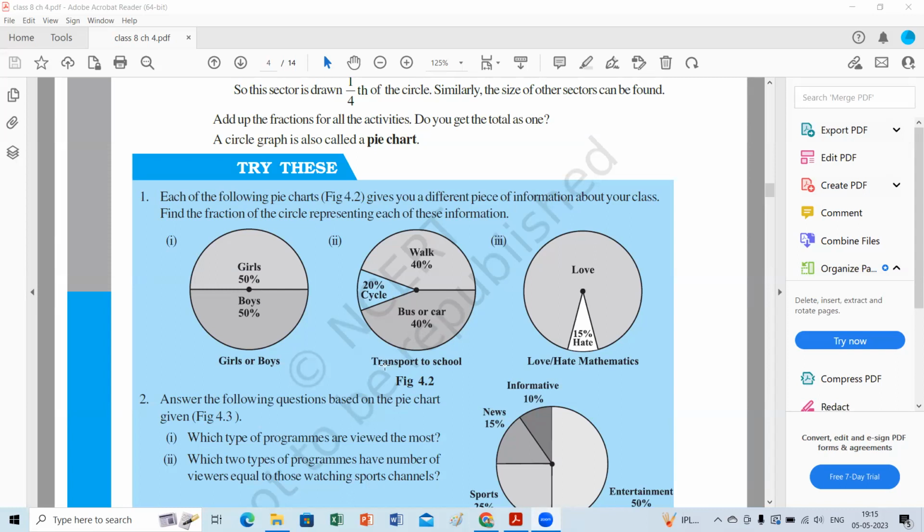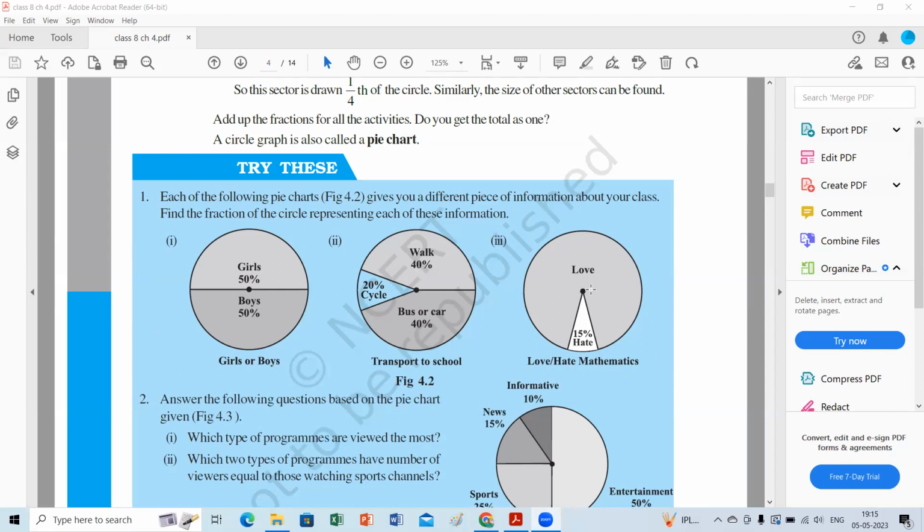The second one is regarding transport to school. First one is the percentage of girls to boys, and the last one is love or hate mathematics. Most of the kids love maths.